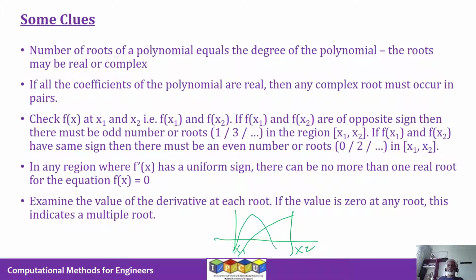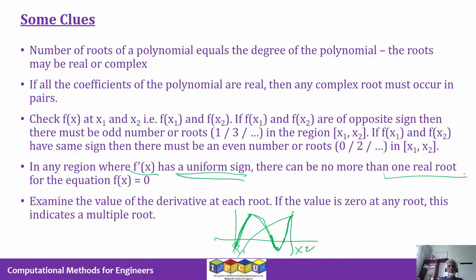It cannot have something like this, because in this region the slope is negative, and in this region the slope is positive. So the uniform sign condition is violated. So if the derivative has a uniform sign, then that part of the region will have only one real root.